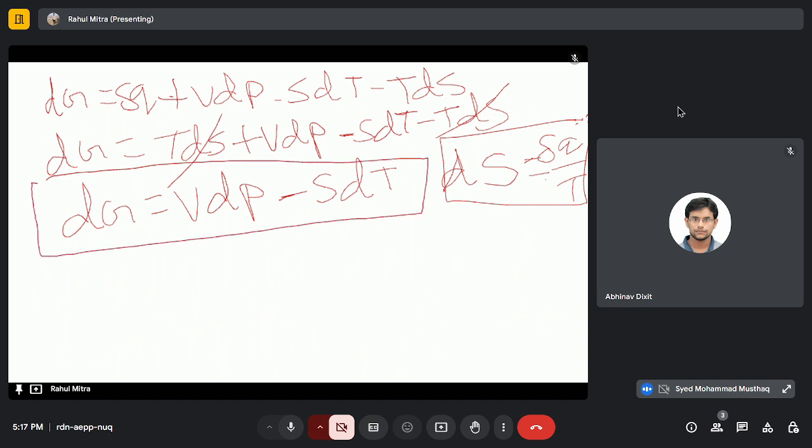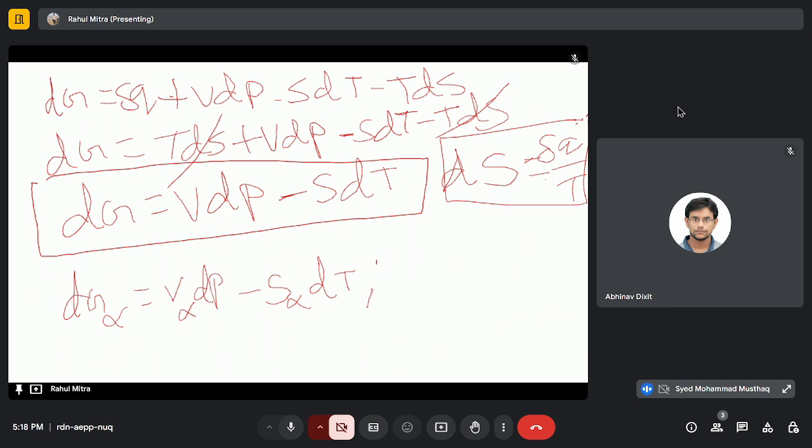If there is a change in free energy of a system alpha, we can write dG alpha equals V alpha dP minus S alpha dT.